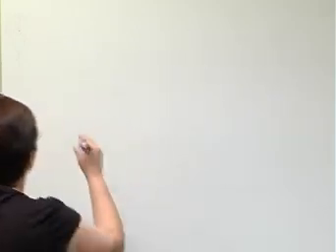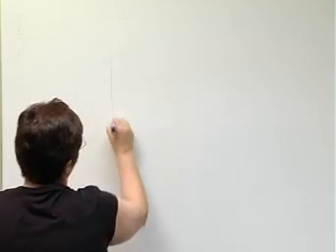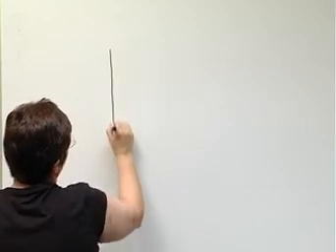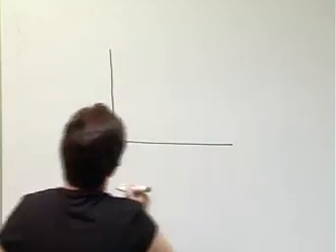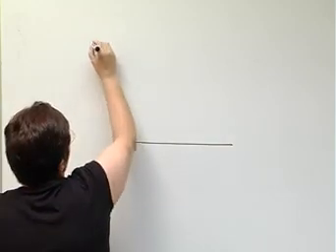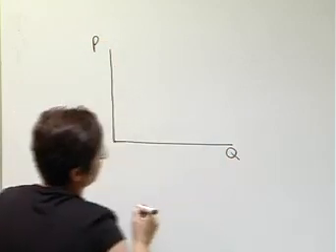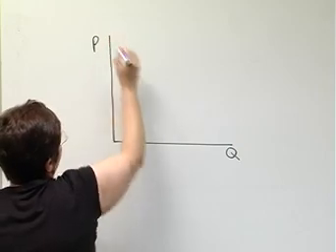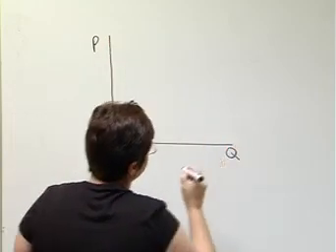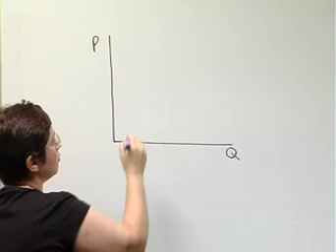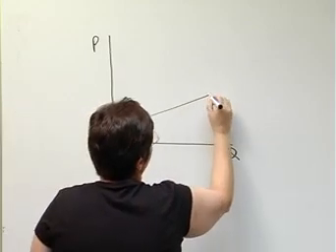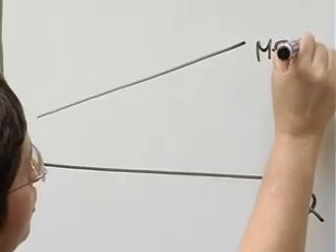So if we start drawing this one, you'll see that I've got price and quantity, the normal names for the axis. I start off with the marginal external cost.